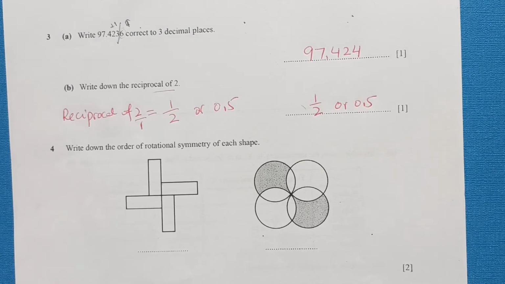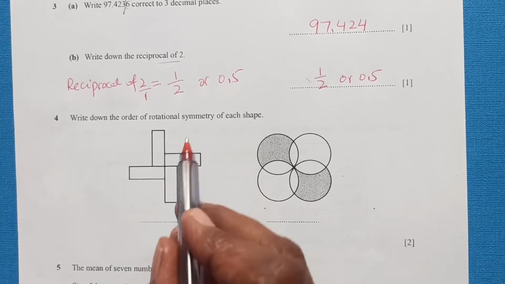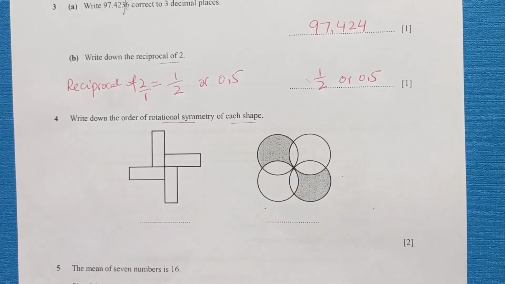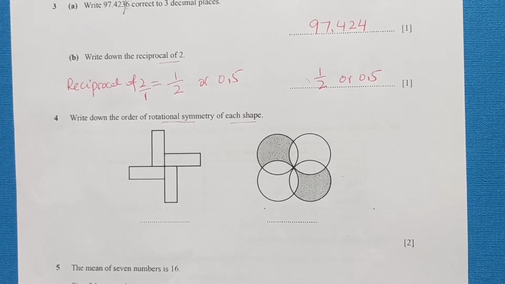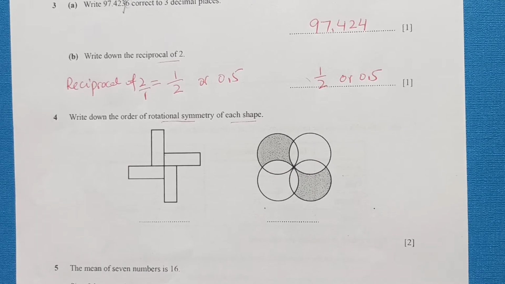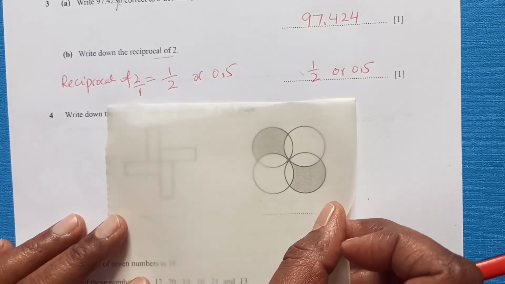Now question number 4, the rotational symmetry. Write down the order of rotational symmetry for each shape. So what is rotational symmetry? Rotational symmetry is when you get the same shape as you rotate it through 360 degrees. Let me just draw these roughly. You can use tracing paper for that.